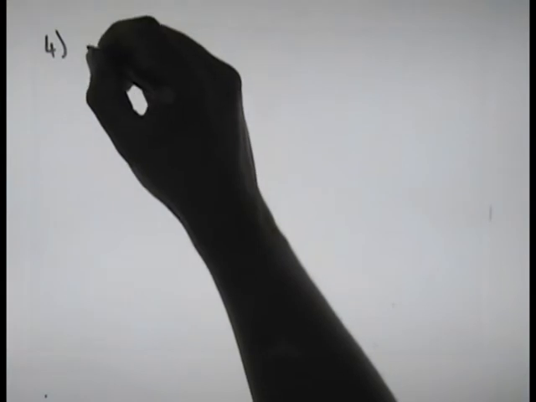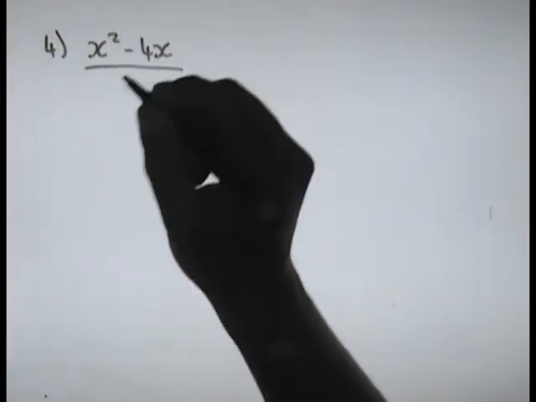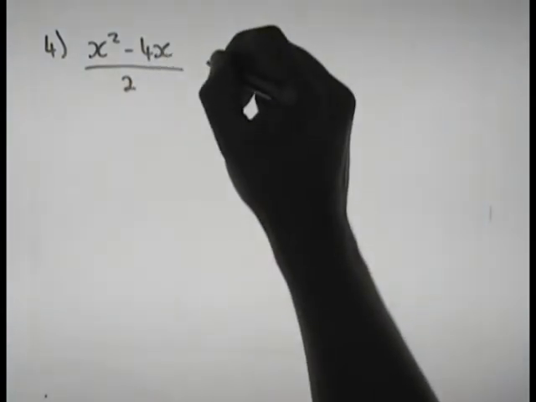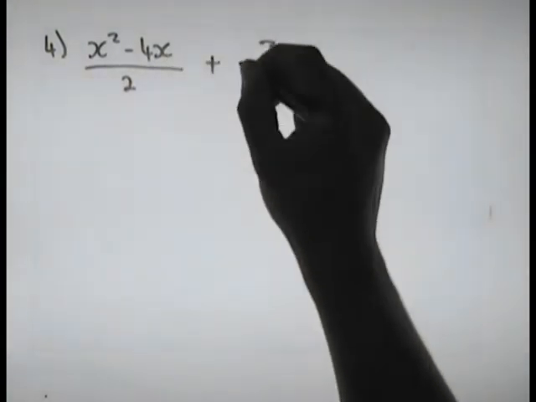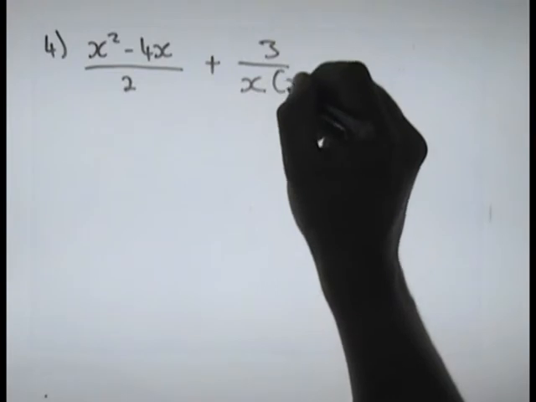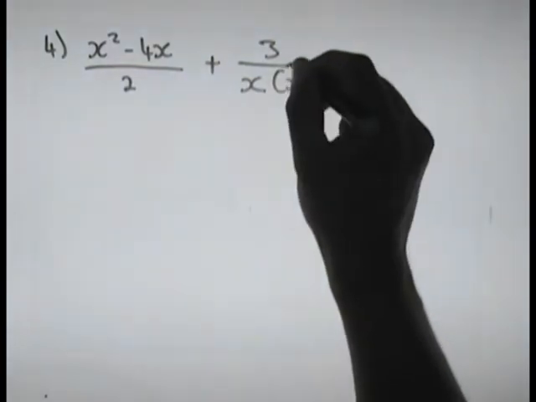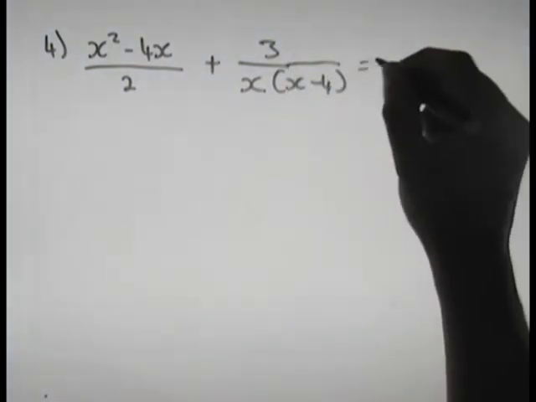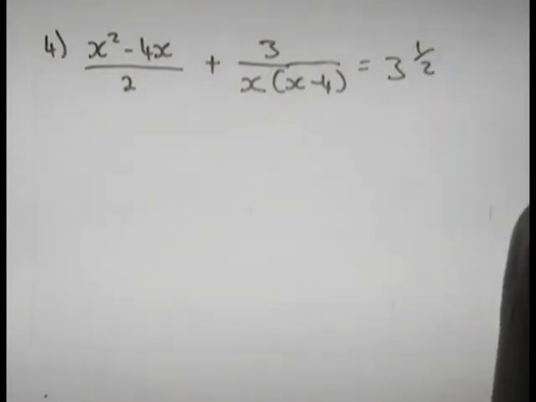Number 4. X squared minus 4x over 2 plus 3 over x minus 4 is equal to 3.5.